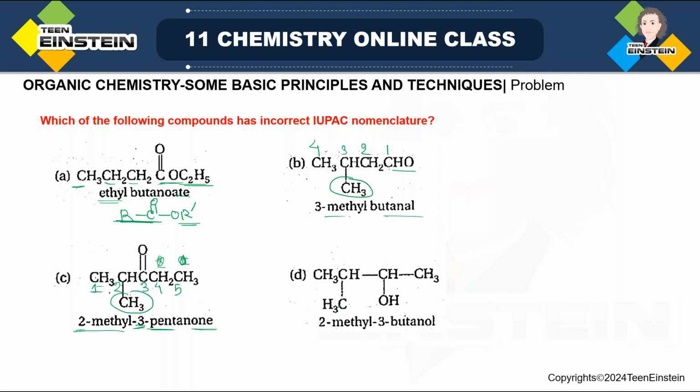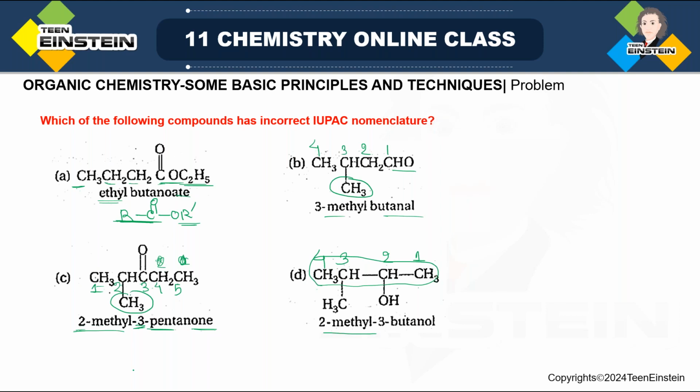That means D must be wrong. But what is wrong? Here, this is the longest chain. Now in the longest chain, the OH position you have to write in such a way that it is minimum. So that is why we will start the numbering from this position. If you start the numbering from left to right, OH will get position 3, which is not correct.